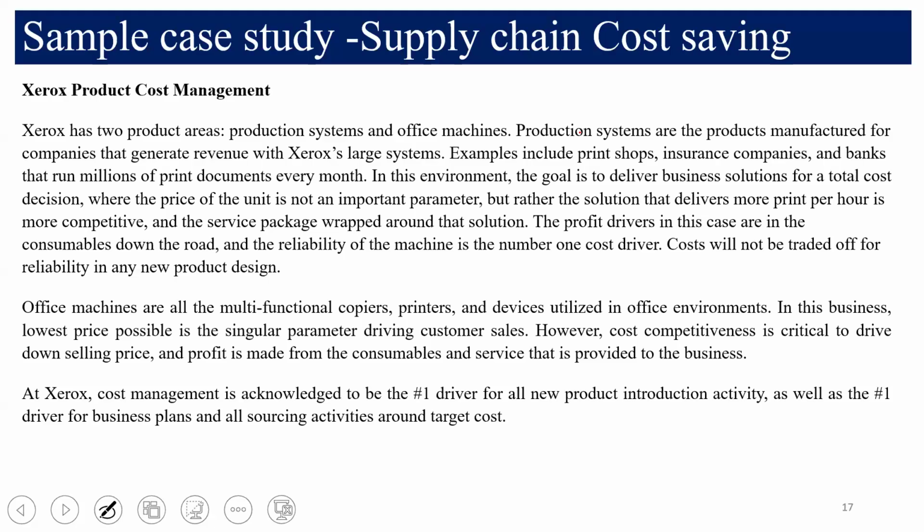You can focus on the supplier side. You can focus on logistics, transportation, warehouse, inventories, right? So you have many areas. Now quality is not a problem. There won't be any compromise in quality, so we can reduce cost in a different way.